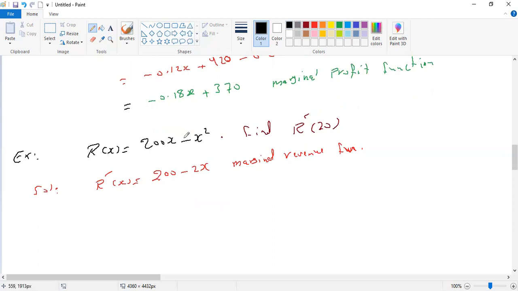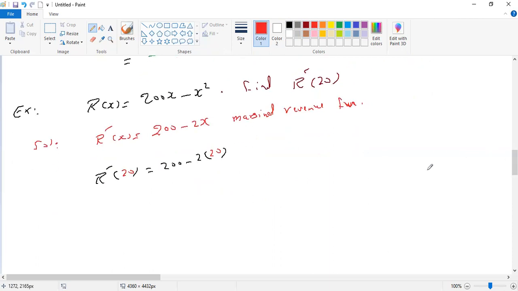Now in this marginal revenue function, R prime of 20, put 20 here, equal to 200 minus 2 times 20, which is equal to $160.